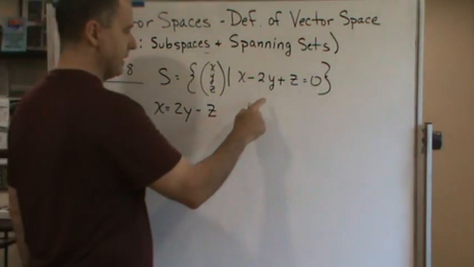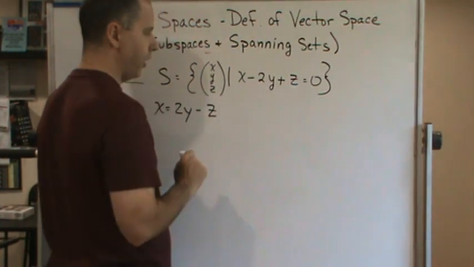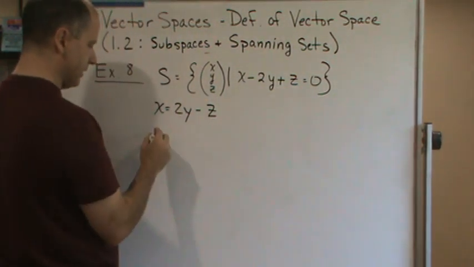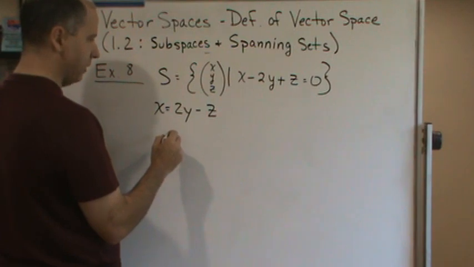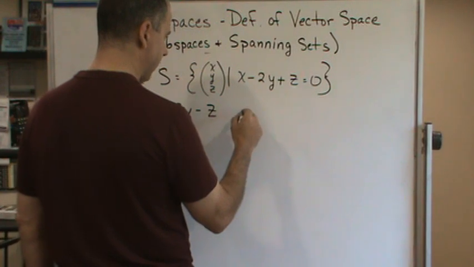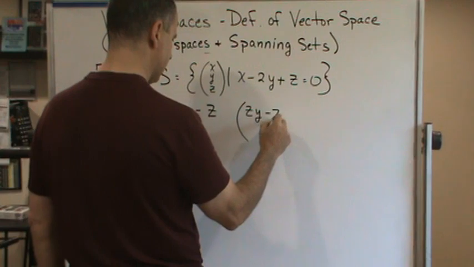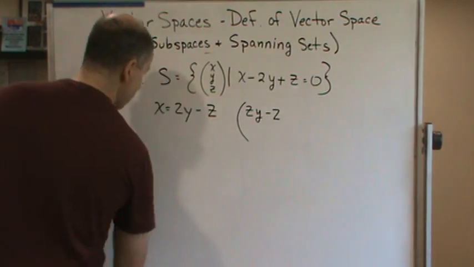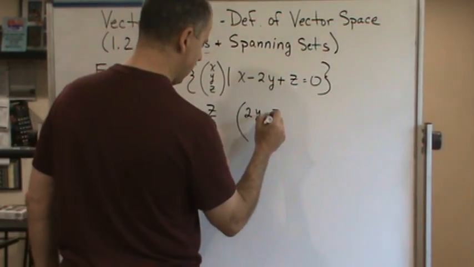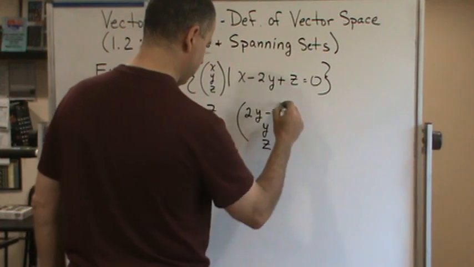It's a system with only one equation and three unknowns. So y and z would be your free variables, and x is your leading variable.